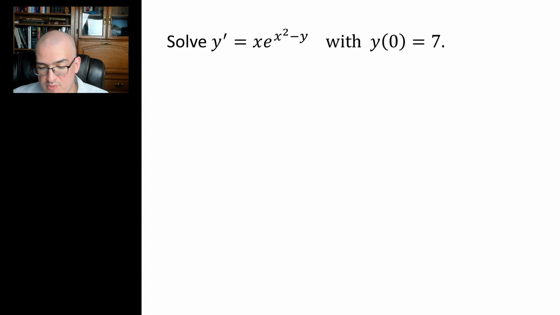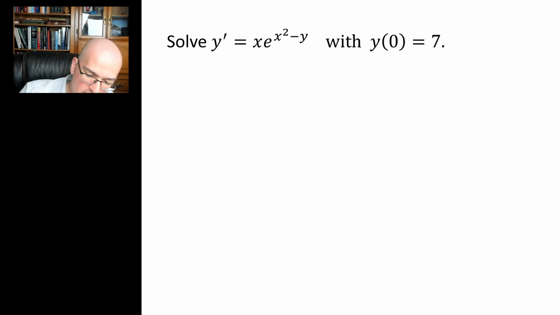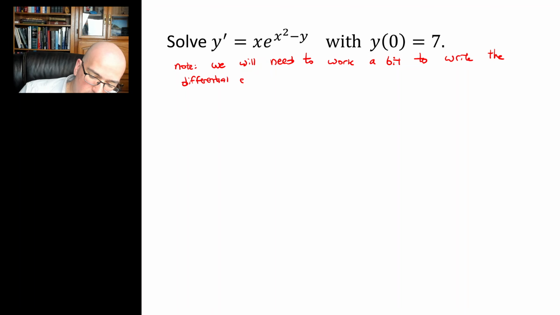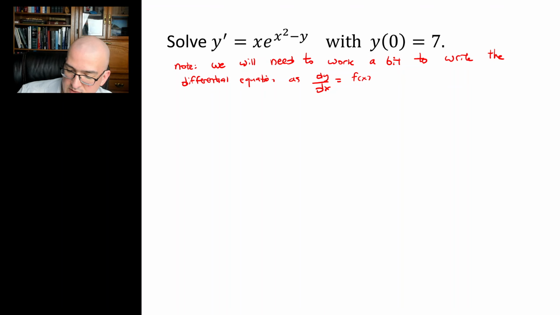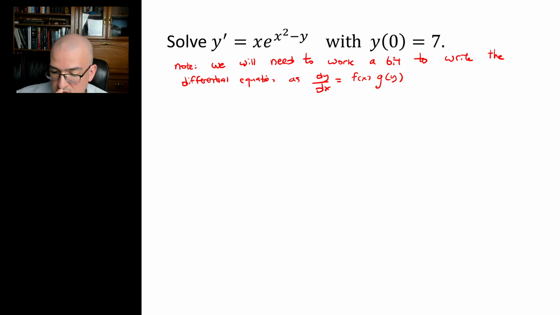So a differential equation, y prime is equal to a function with a mixture of x's and y's. So I'm going to put a little comment here. We will need to work a bit to write the differential equation as dy by dx is equal to f of x times g of y, because right now it's not.